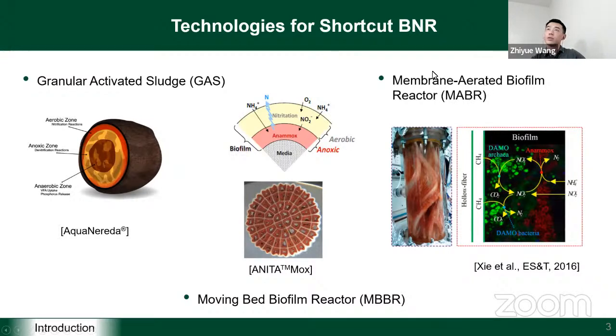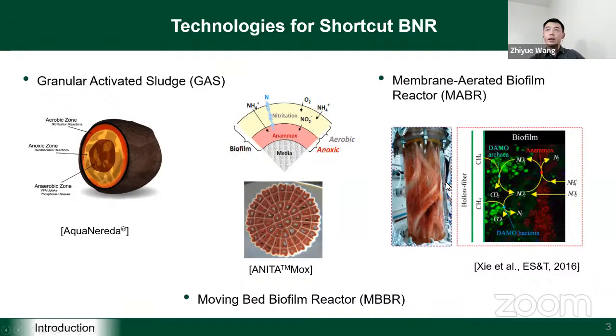And lastly, there is also membrane-based technology for biofilm systems, MABR, that relies on hollow fiber membrane to supply oxygen, or in this case, I'm showing MABR supplying methane through hollow fiber membrane.